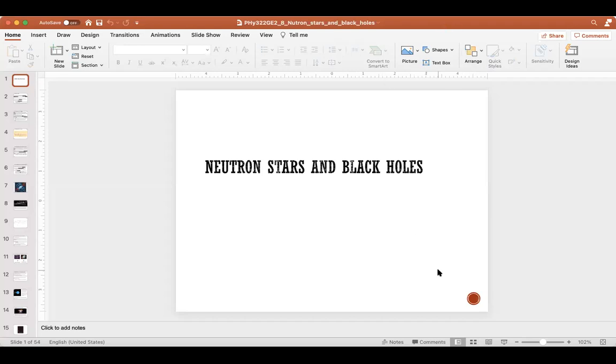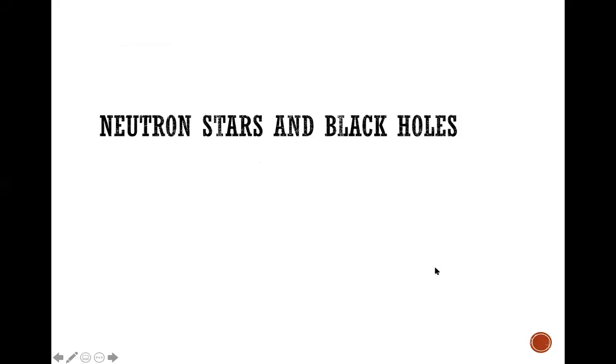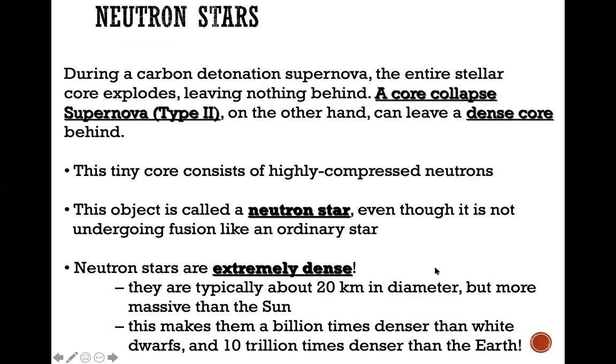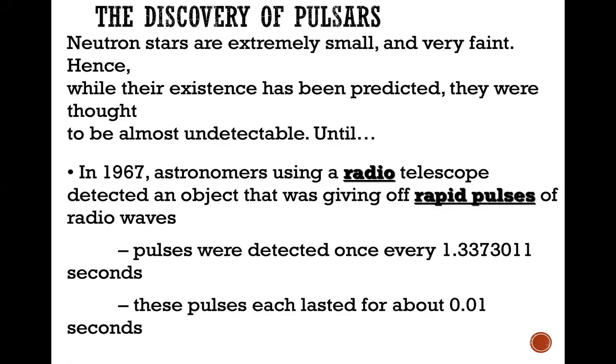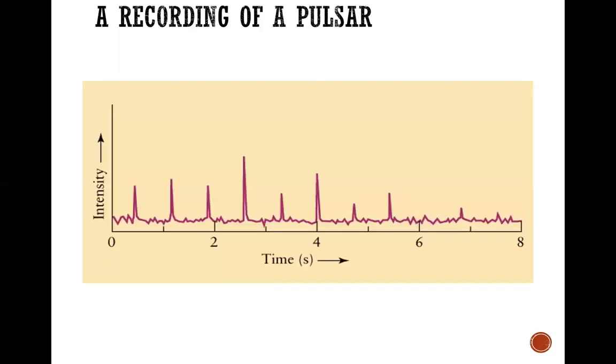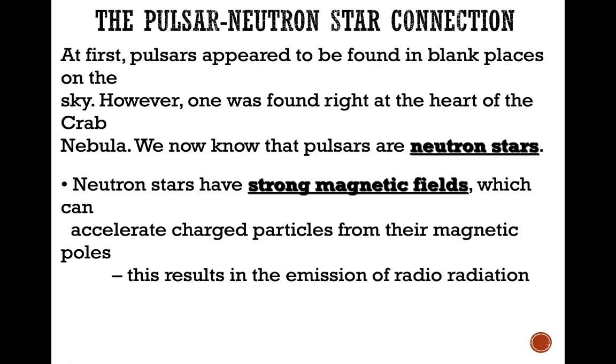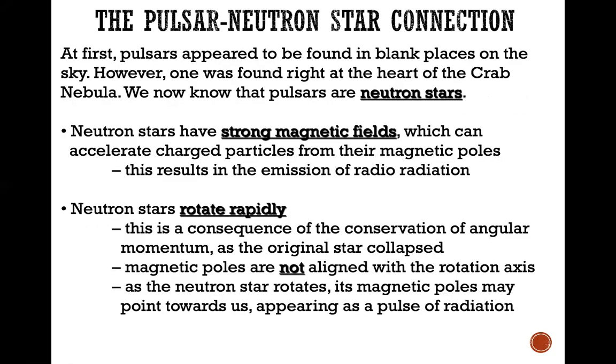Right. So the last time we discussed neutron stars, right? And we discussed how these neutron stars are formed, what a pulsar is, how they were discovered, and what the connection is between a pulsar and a neutron star.